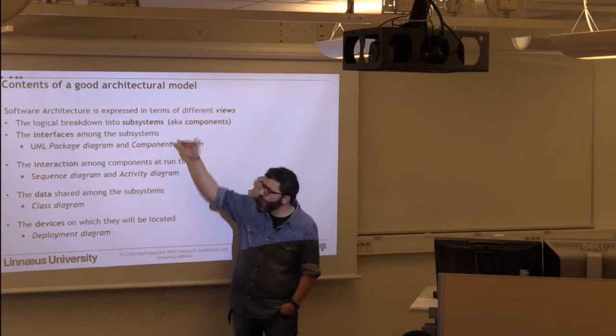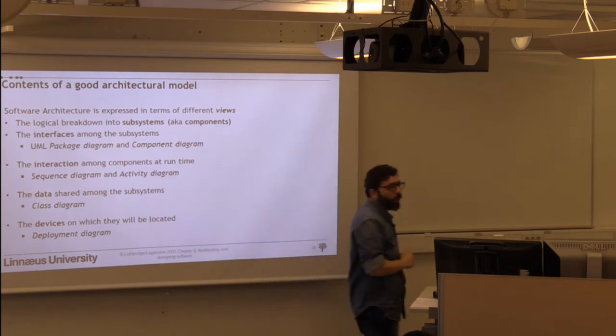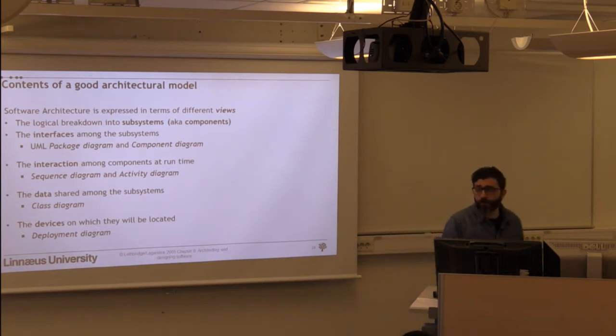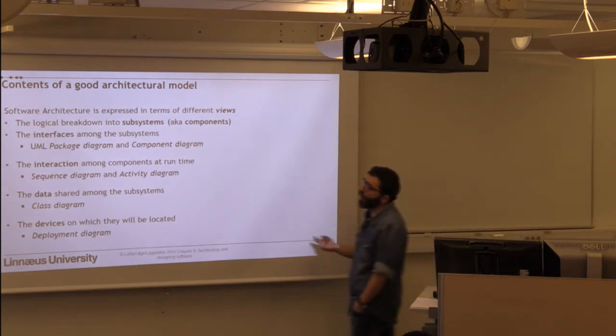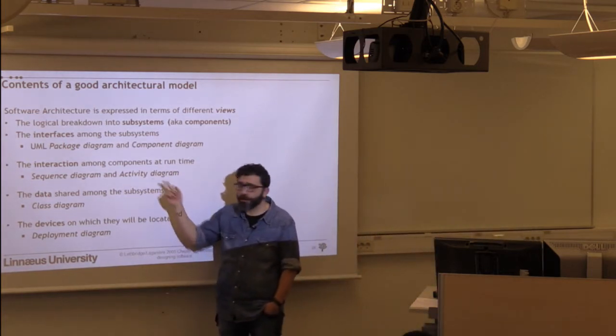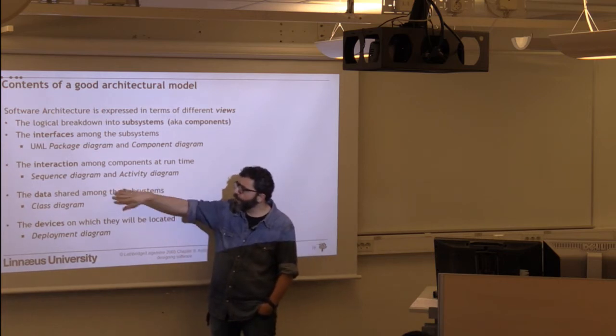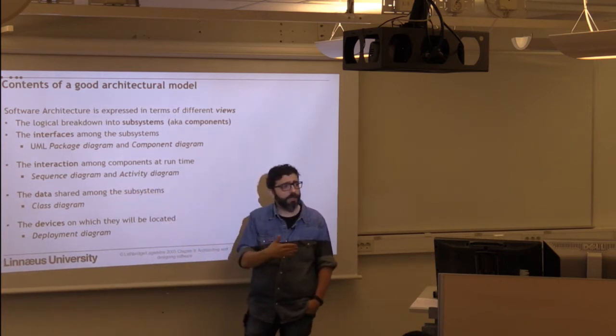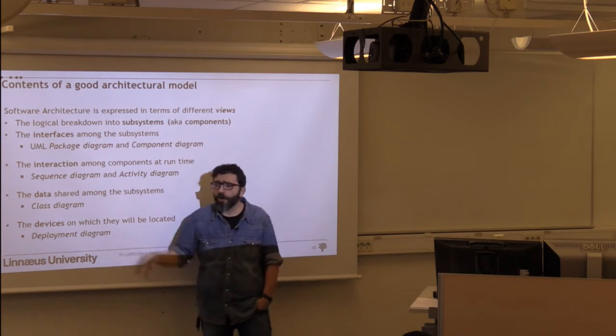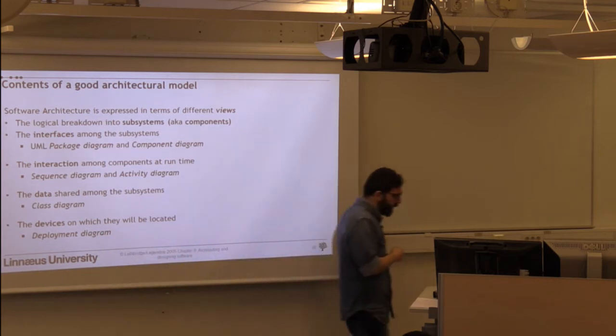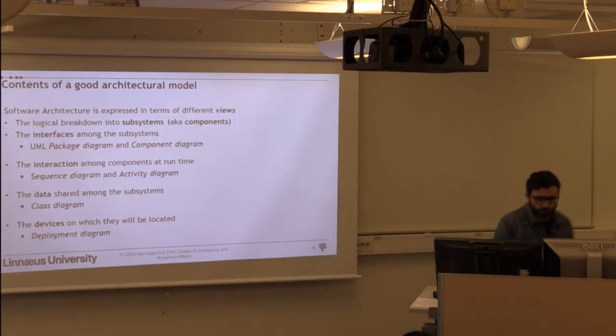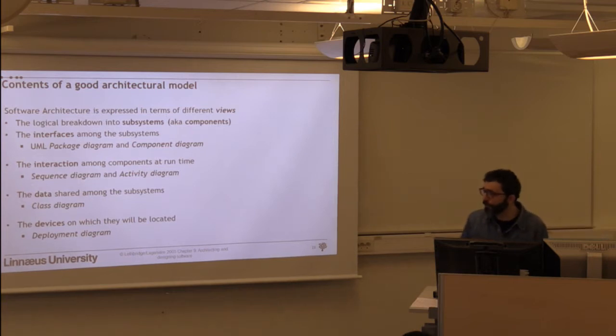First, the different components and their interfaces. Then how these components interact with each other, what type of data they exchange, and how we deploy these components on the set of devices needed for running the software.